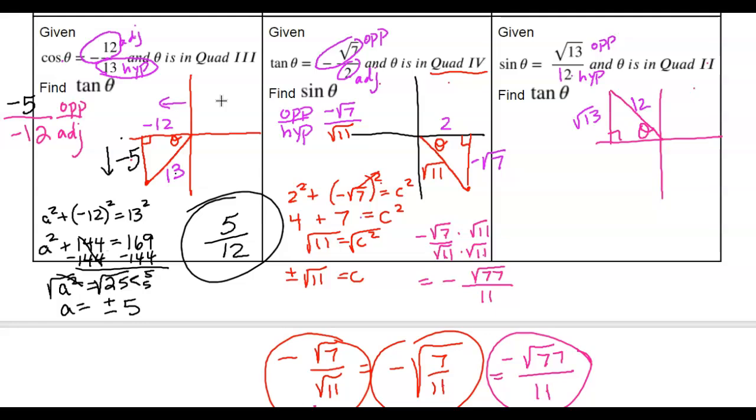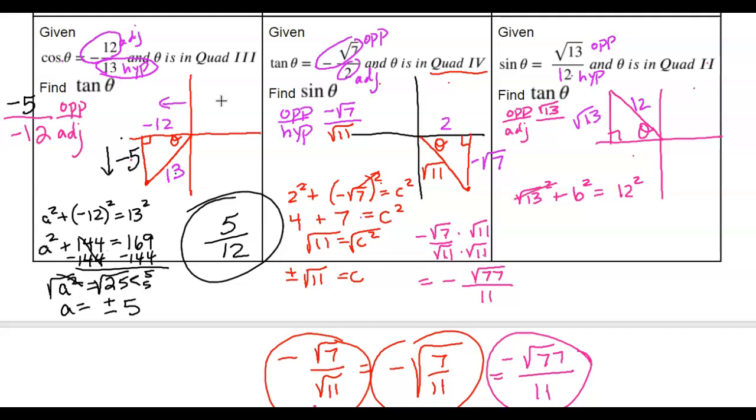Okay, so I want tangent, which is opposite over adjacent. So we know opposite is root 13. Okay. So we need to find adjacent. We get our two legs are root 13 squared plus we don't know the other one, and our hypotenuse is 12 squared.